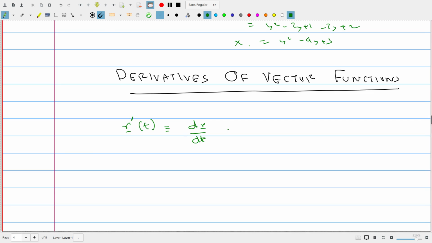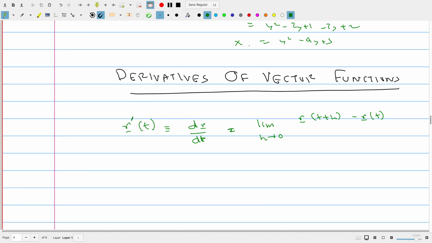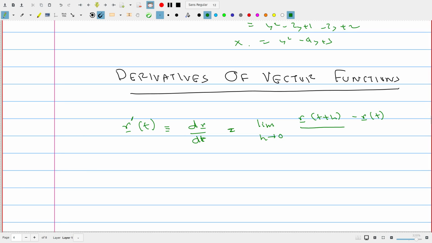So this is, as you would expect, equal to the limit as h goes to 0 of r(t plus h) minus r(t) divided by h.